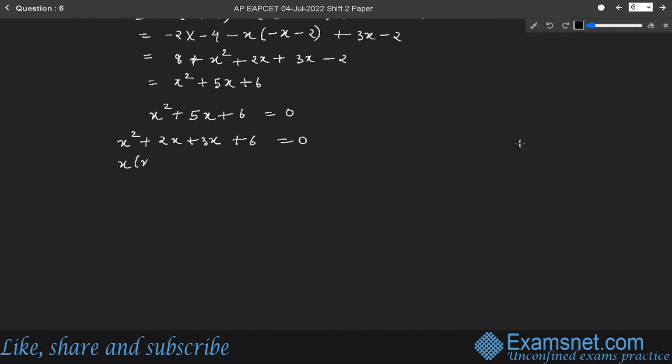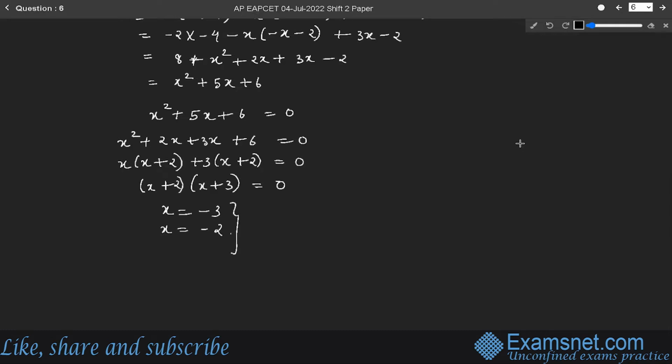Taking x common, it will be x plus 2, and from the other two terms, taking 3 common, it will be x plus 2, equals 0. So the factors are x plus 2 and x plus 3 equal to 0. So the values for x are minus 3 and minus 2.